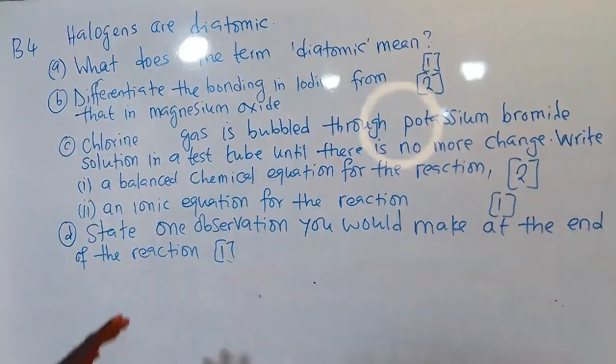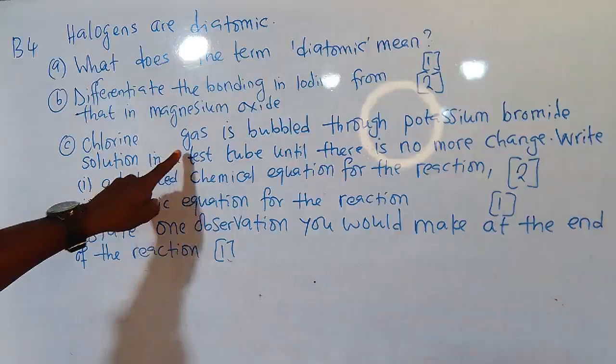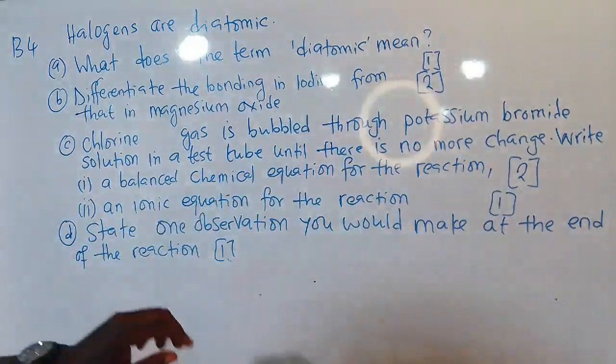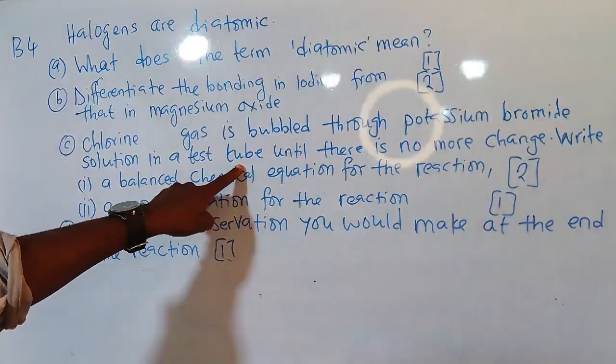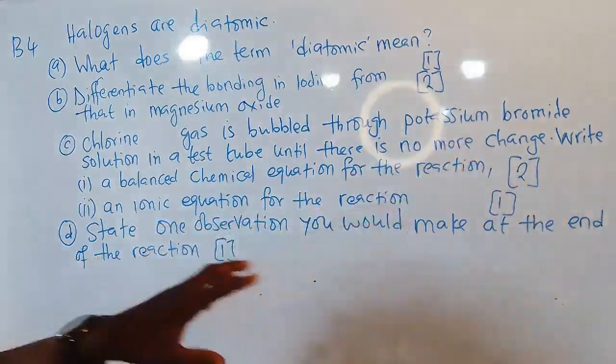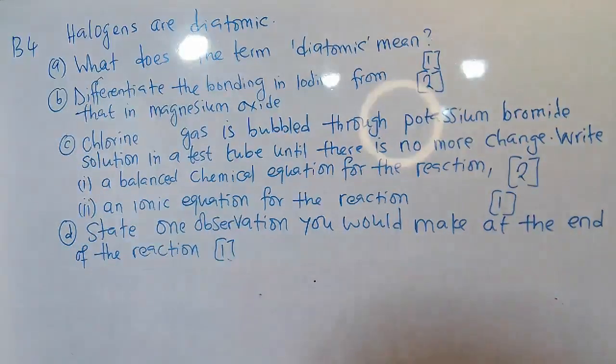Now we're going to look at C. Chlorine gas is bubbled through potassium bromide solution in a test tube until there is no more change. Write 1, a balanced chemical equation for the reaction.